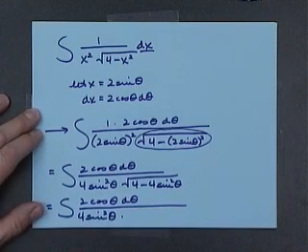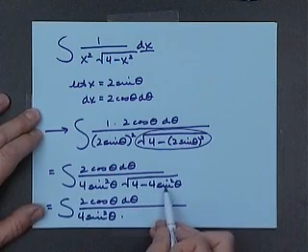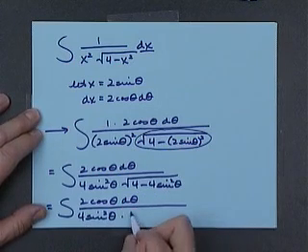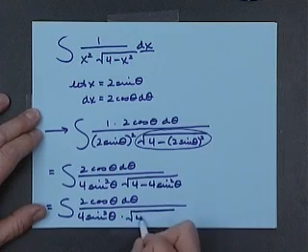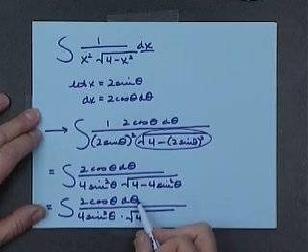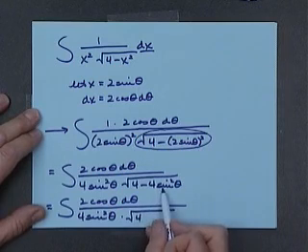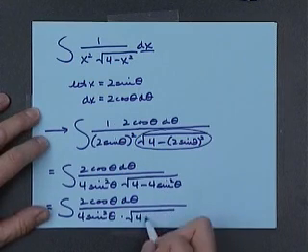Let's see if we can put a couple steps together. We can factor out a 4 under the radical. And that leaves us with what? 4 times 1 minus sine squared. And what's 1 minus sine squared? Cosine squared theta.